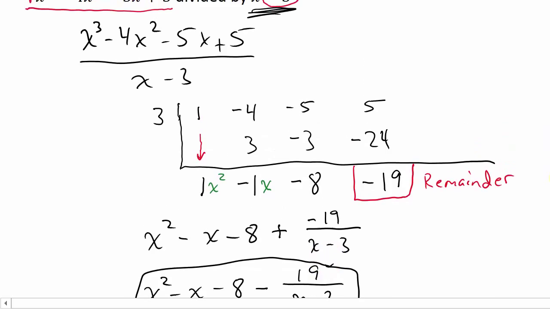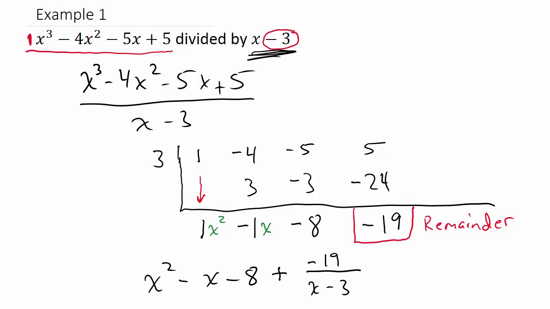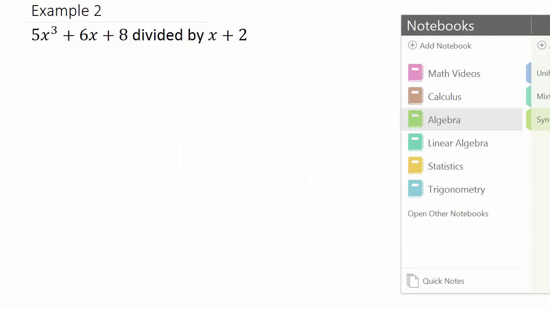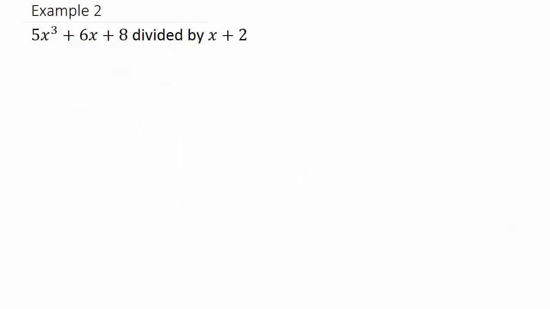Alright, so let's take a look at one more example. We have 5x cubed plus 6x plus 8 divided by x plus 2. Once again, this can be written as 5x cubed plus 6x plus 8 over x plus 2.